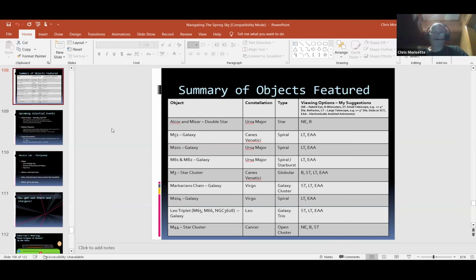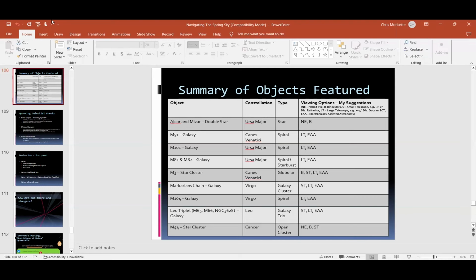As a matter of fact, in some cases, the field of view for the Dob was too small. So binoculars really worked well there. But for these galaxies, something like that is definitely going to be something that you'll need. Did I answer your question, Peter?